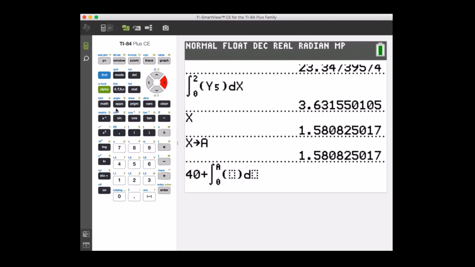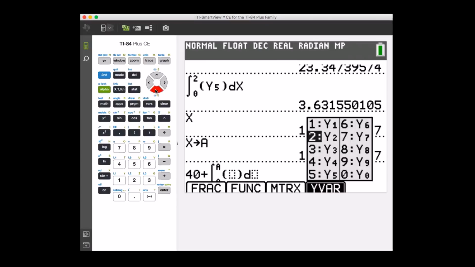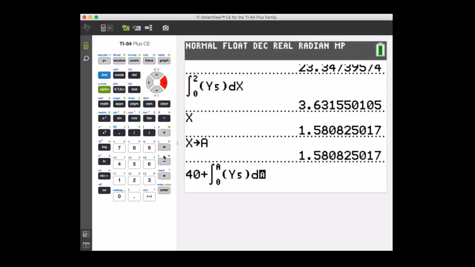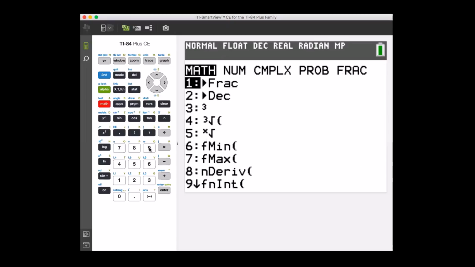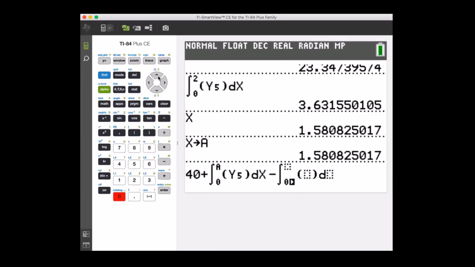And we called this, I believe, Y5, my rate in. So I'm going to go down to Y5. That's my rate in. And then we're going to subtract math 9, the integral from 0 to A again of the rate out. In this case, that was Y6.